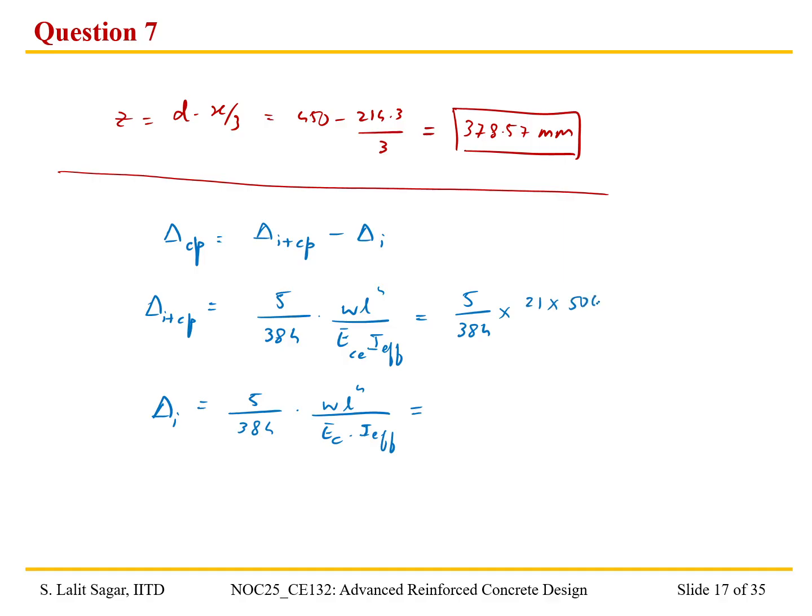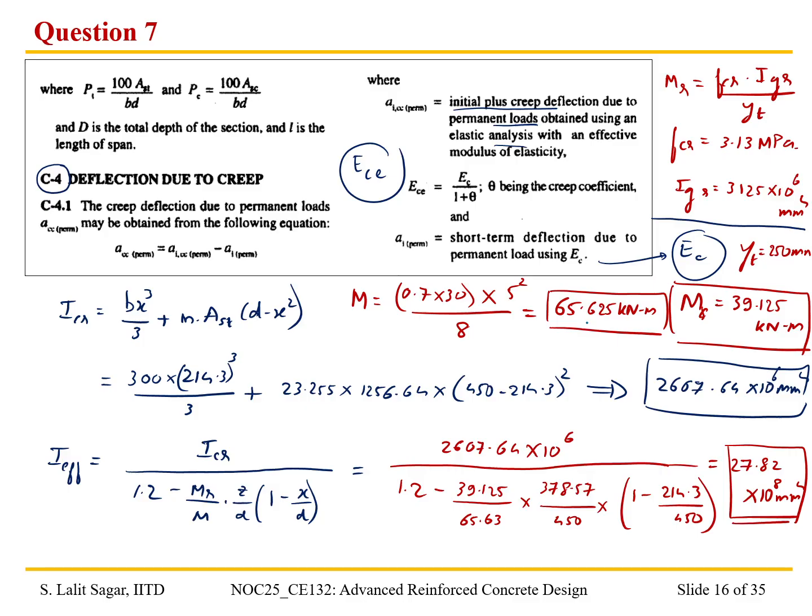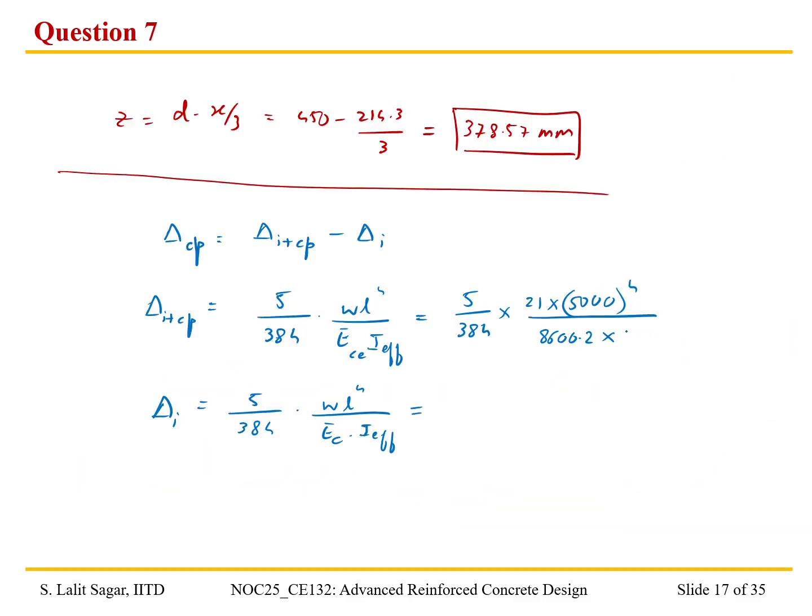Into 5000 to the power 4, and EC is 8600.2 into I effective is 27.28 into 10 to the power 8. So that gives me a value of 7.14 millimeter.